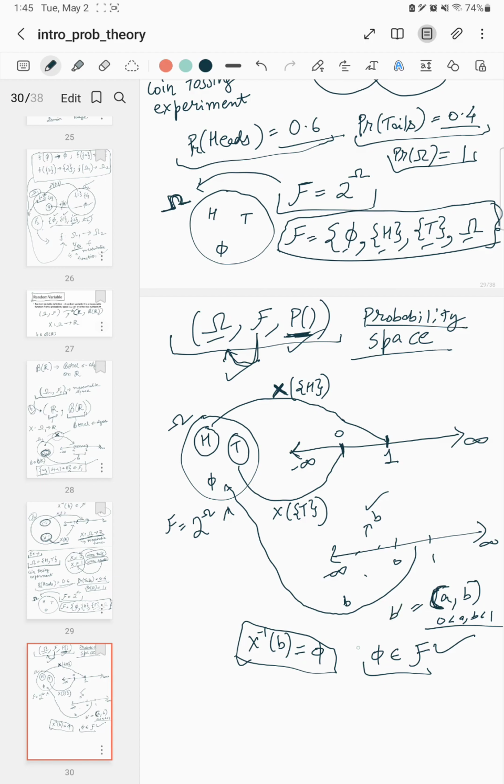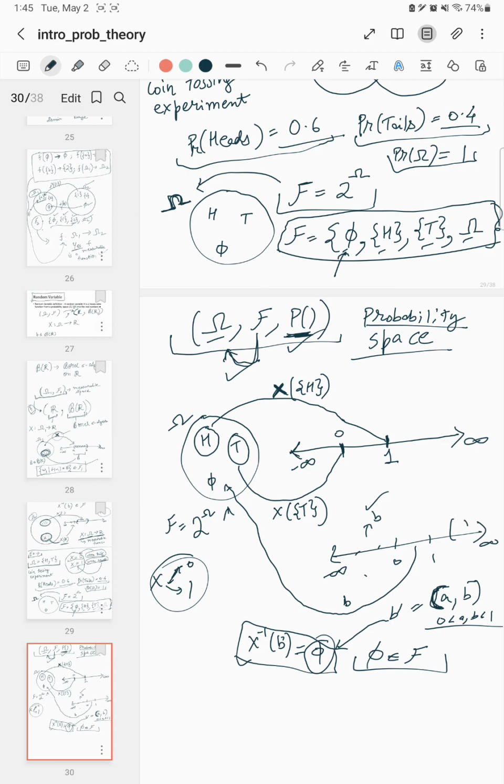Let's denote it as b dash. If we take a pre-image of this b dash, X inverse of b dash would again be phi, because we know that the random variable X can only take the value 0 or 1. Hence, if you take a Borel set which is in between these values, it doesn't point to anything. So this is also the null set phi, and since phi belongs to the sigma algebra F, as we can see here, this also satisfies the condition.